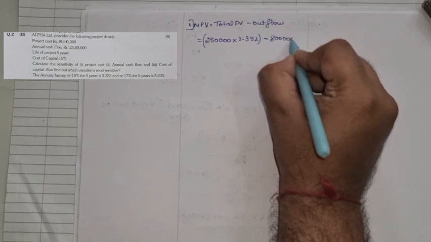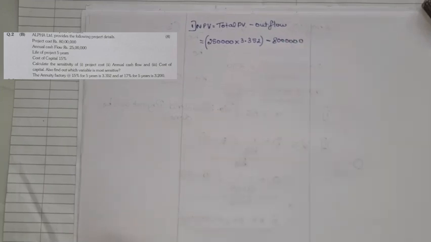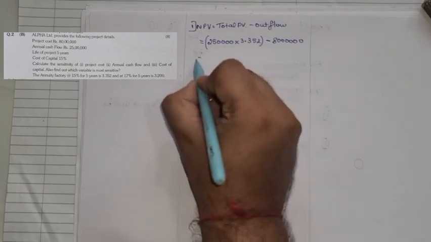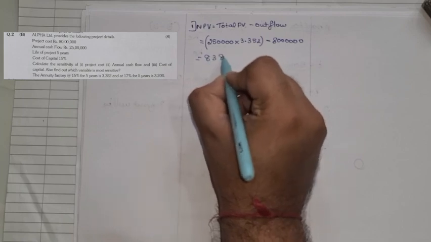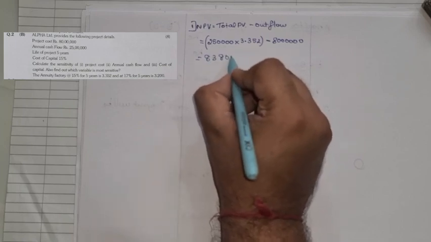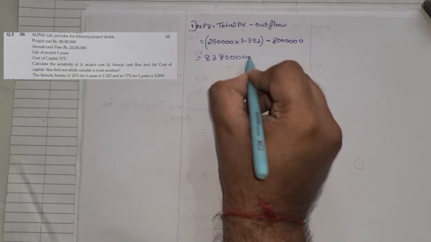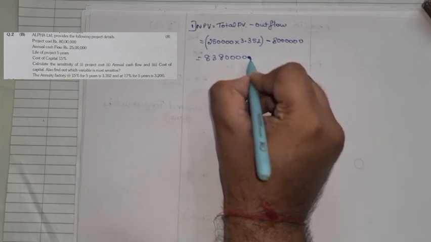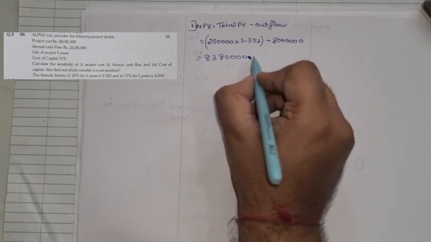Outflow is nothing but the 80 lakhs. So 25 lakhs into 3.352 comes to 83 lakh 80,000.